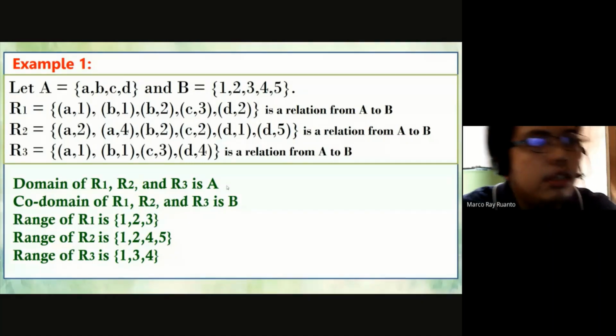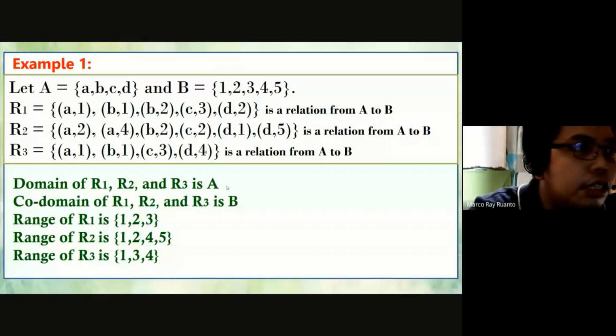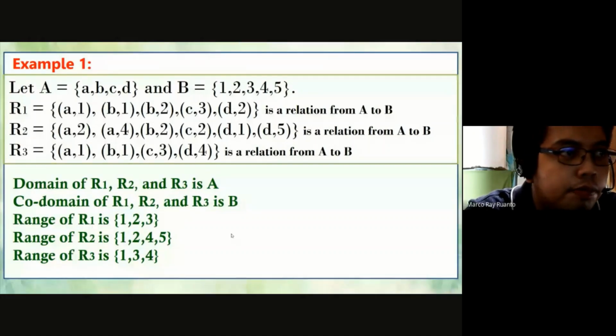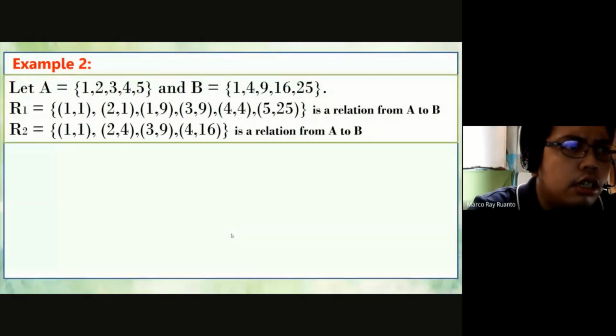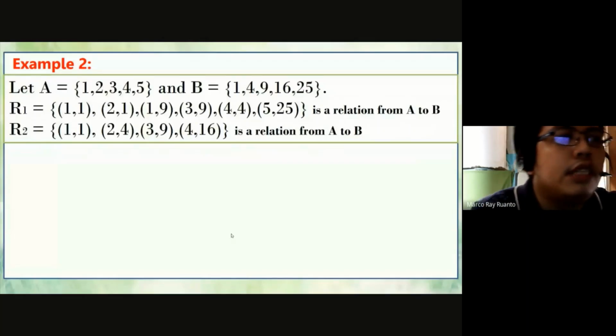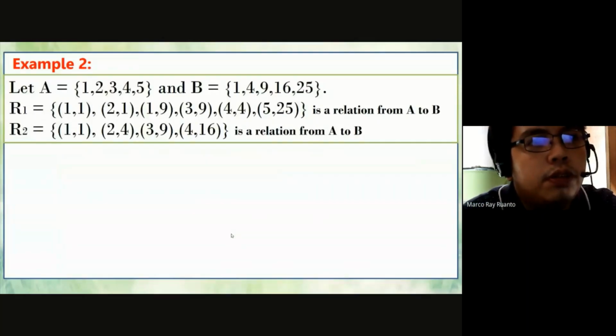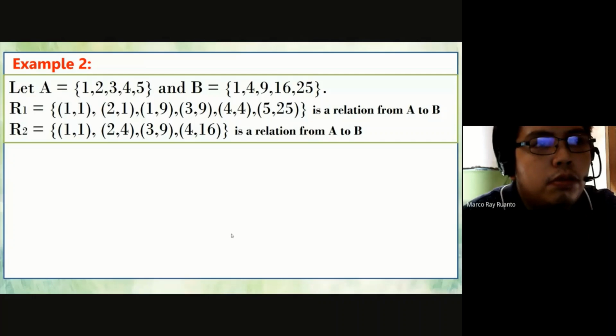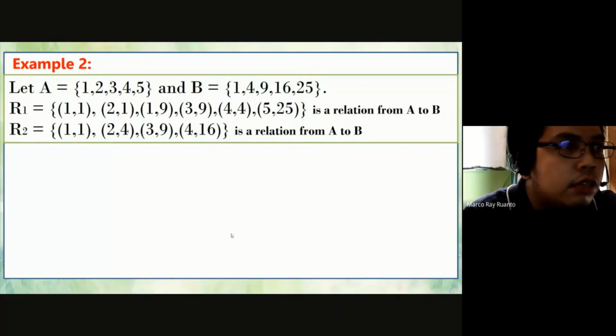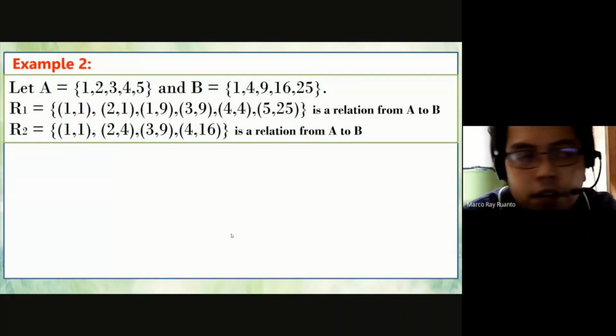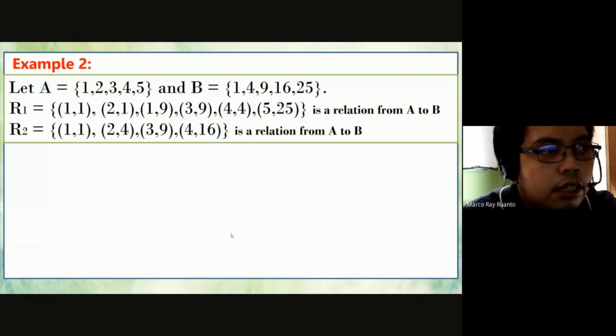Okay, let's proceed now with another example of domain and range. Let us say we have set A: 1, 2, 3, 4, and 5, then B is 1, 4, 9, 16, and 25, and we have these two sets of relation.